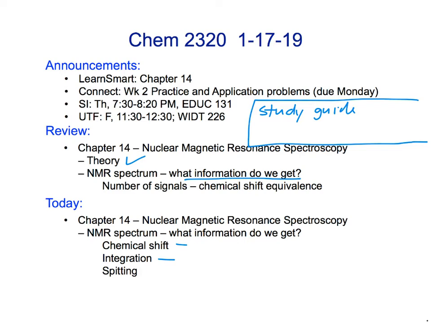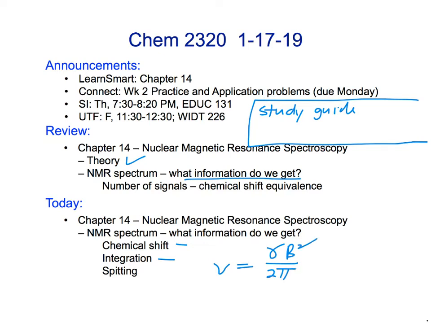All right, so I already gave you, and we don't have to worry about this for calculation, but just for discussion here, that the relationship between the frequency of where we would see the peak, or the frequency corresponding to the energy gap, would equal a constant called gamma B over 2 pi.